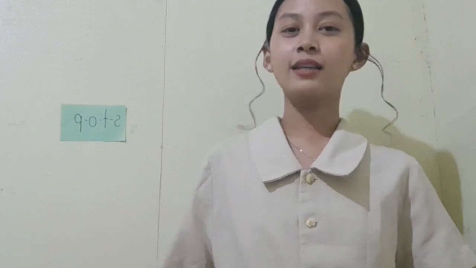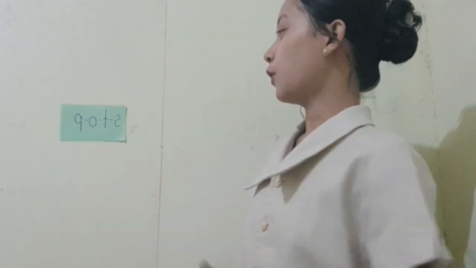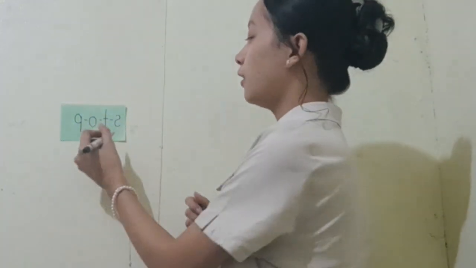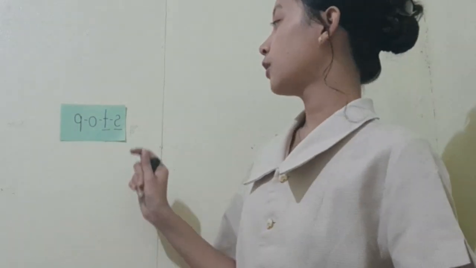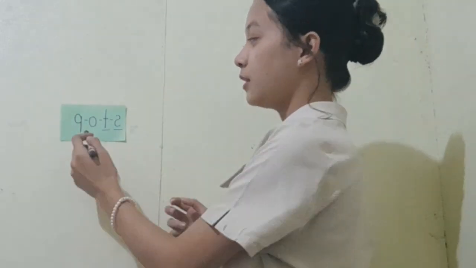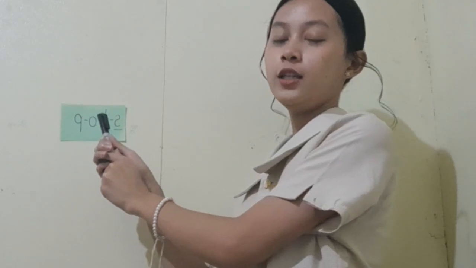And you may ask, why is this an example of a consonant cluster? Because we can see right here, the S and the T that make the word stop have no vowels in between. And again, what are our vowels? They are the A, E, I, O, and U, which can be seen at the third part of the word.